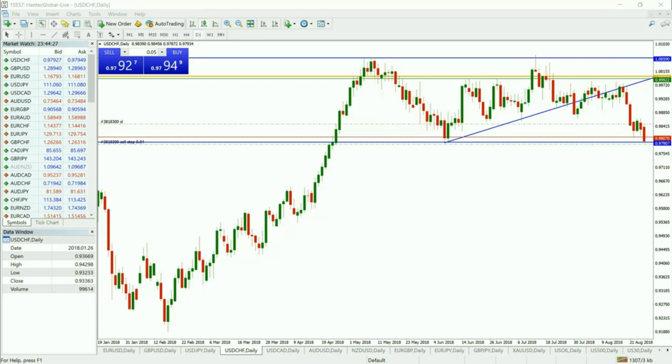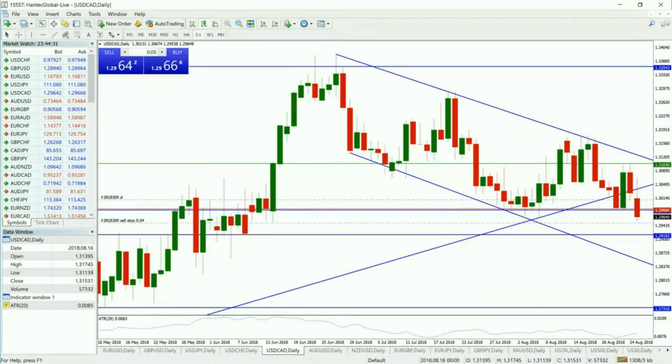Also, we have the opportunity to sell the dollar CAD as well. Slightly different setup in a slightly different context, but still a break beneath the daily low, which is the low of this market at 129.53. Anywhere below the 129.50 level, and we'll just mark it with a level just in here.